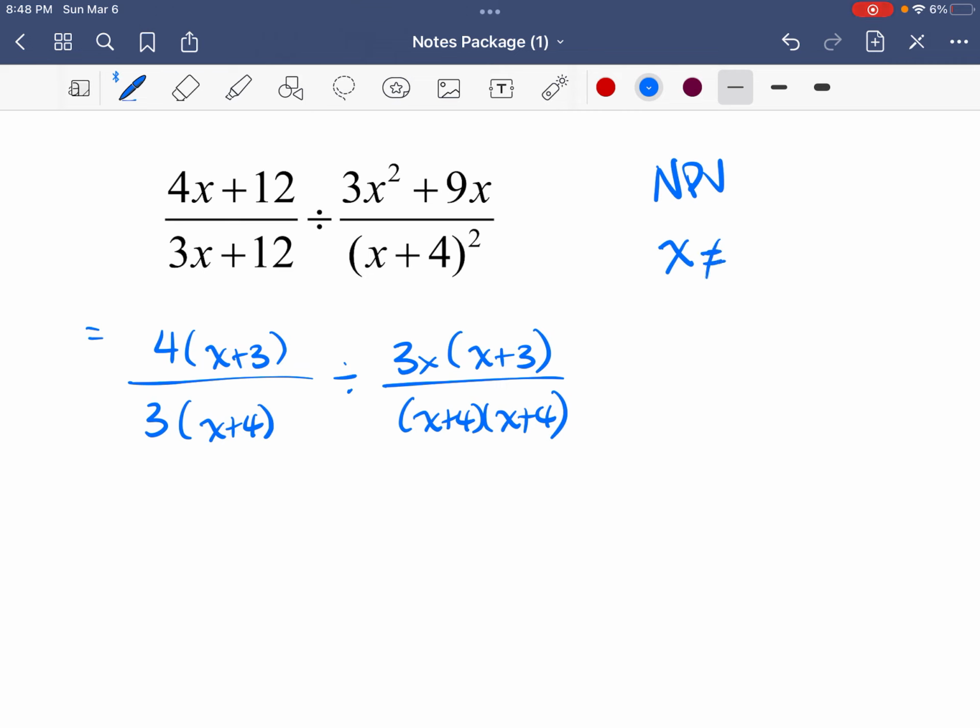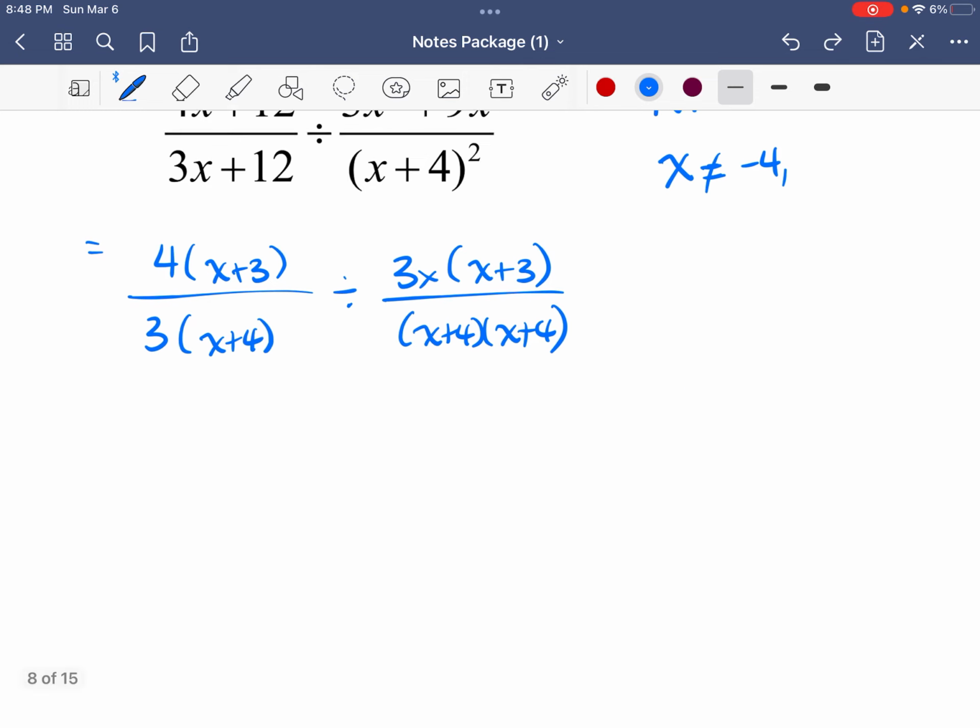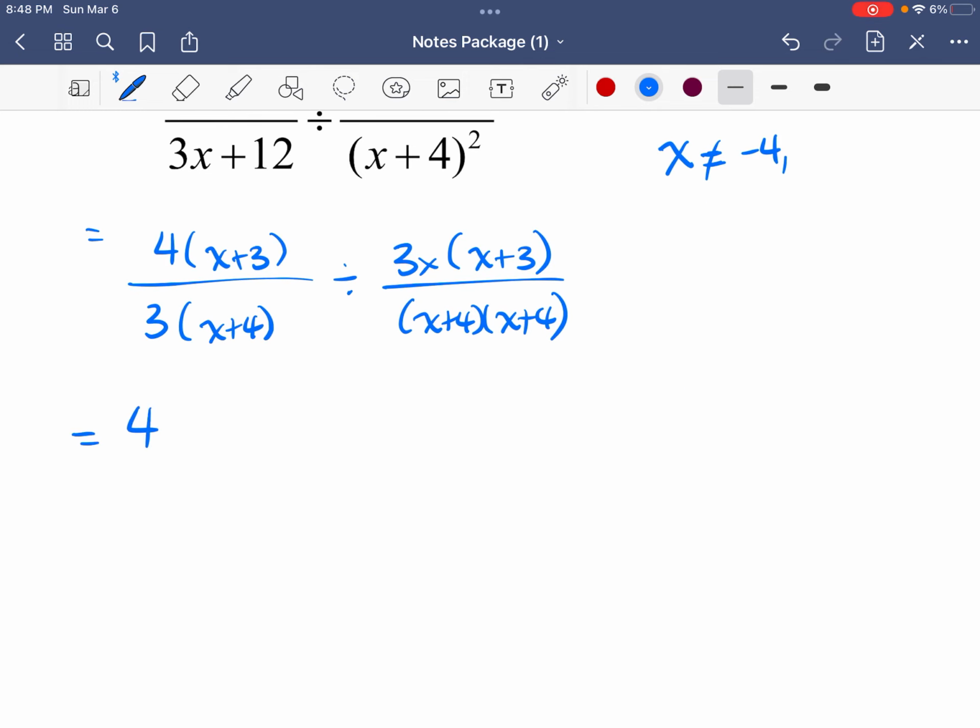So x cannot equal -4. So at every stage here, it's always -4. We just write it down once. Let's multiply by our reciprocal.